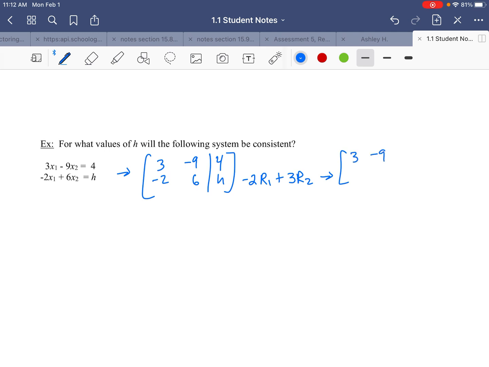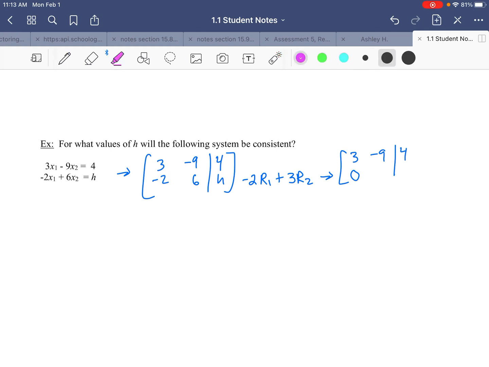Okay, so 3, negative 9, and 4 is going to stay. So negative 2 times this makes negative 6, and 3 times that makes 6, so those go away. Then I have negative 2 times this, so it's 18, plus, oh, I didn't need that negative, did I?